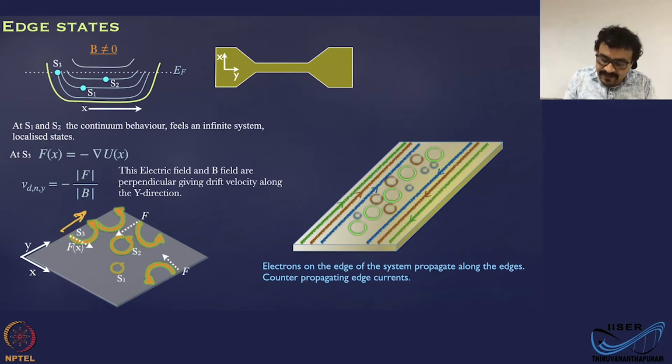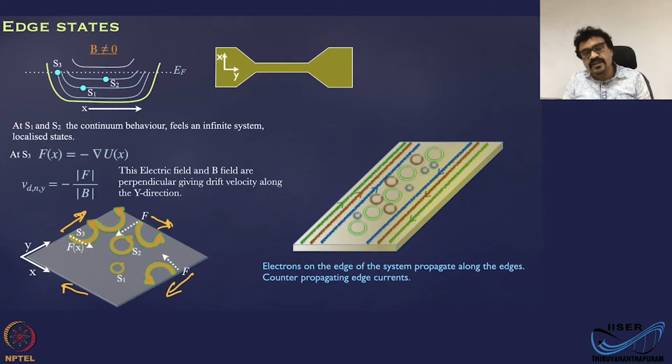Here, along this edge, again the B is normal, but the force is inward, so the electron velocity will be here. Similarly, along this edge it will be here, and along this edge, the velocity will be in that direction.